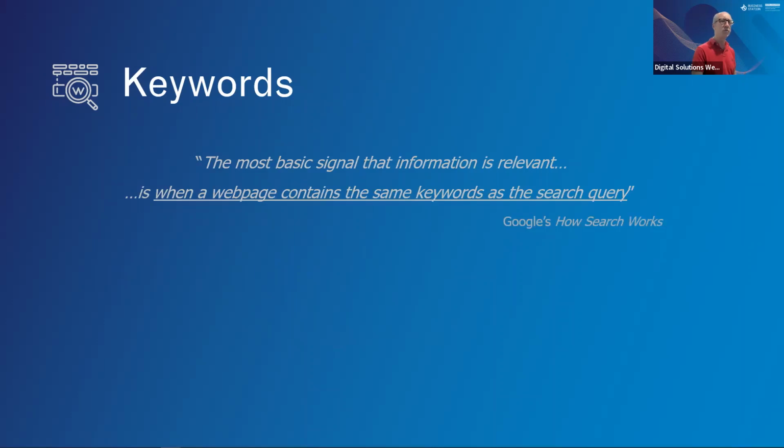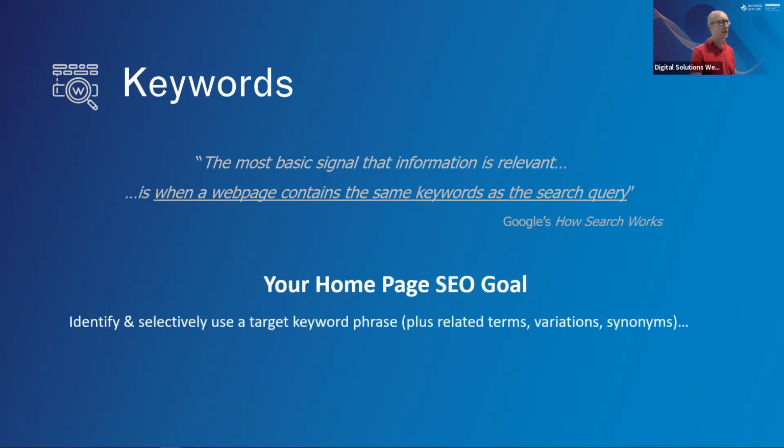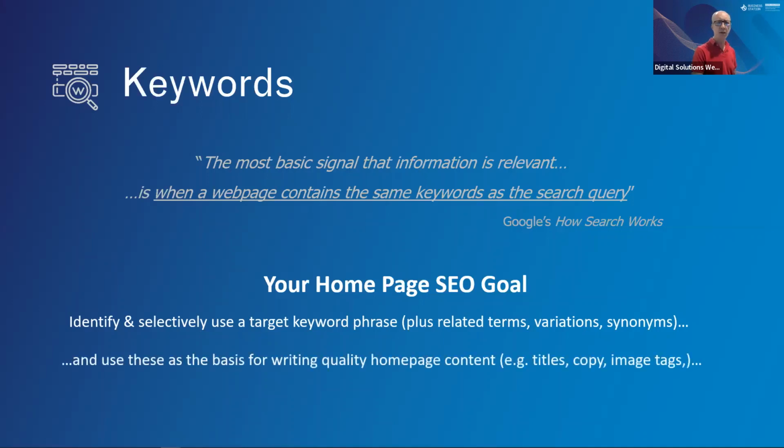So I just want to talk briefly about SEO. SEO is really important because if you think about keywords, it's the way that Google will match your website to a search query. So if someone's searching for something and that search term's not on your website, then it's going to be very difficult for you to rank for that particular search term. So what you need to do for your homepage is to really think about how you can identify some keyword phrases, so 3 or 4 or 5 word phrases, and use them to build content on your homepage.